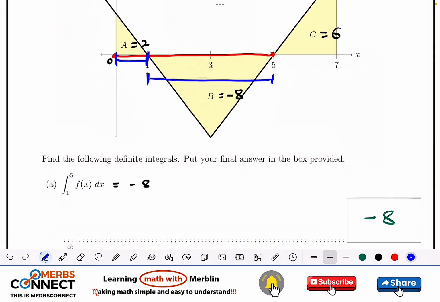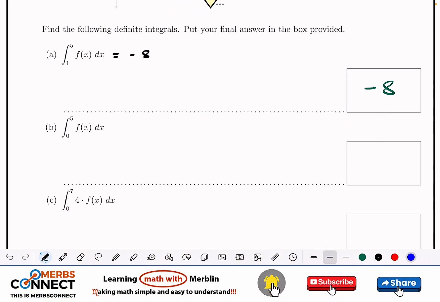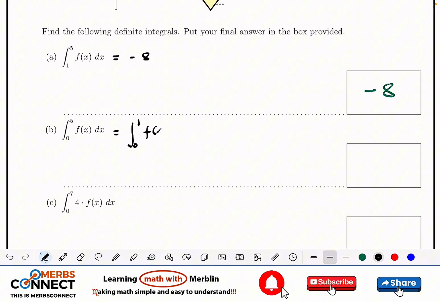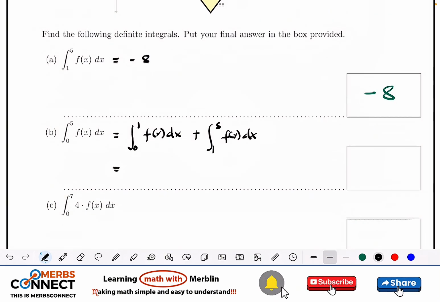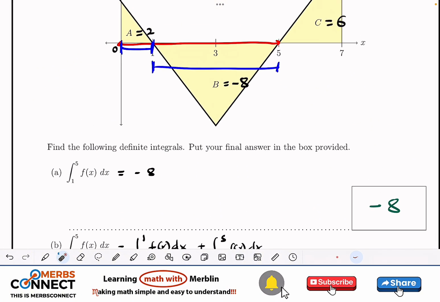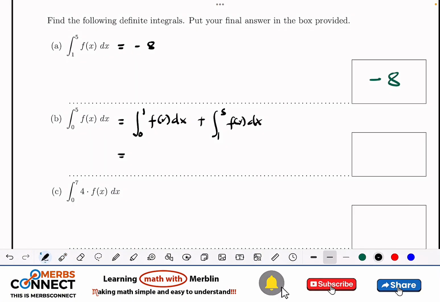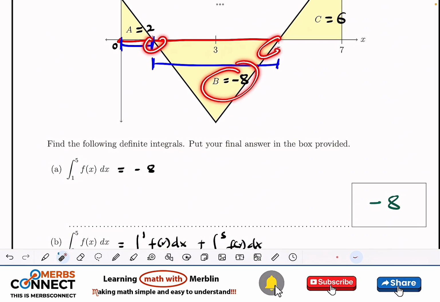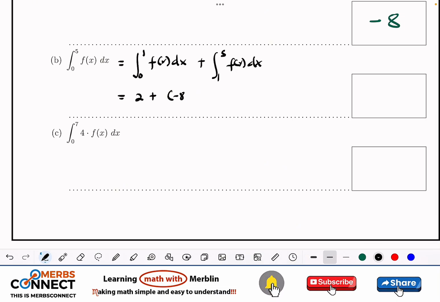So this integration can be written as integration from 0 to 1 of f of x dx plus from 1 to 5 of f of x dx. And this is equal to, from 0 to 1 is A, which is 2. So you are going to have 2 plus from 1 to 5 is B, which is minus 8. So this will be 2 minus 8, and this is going to give us minus 6.